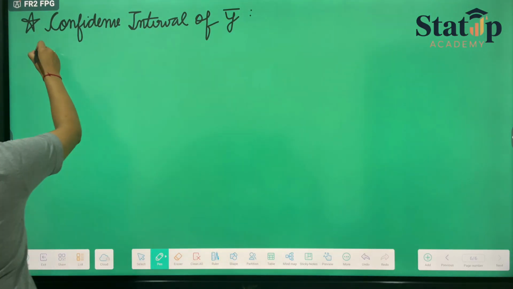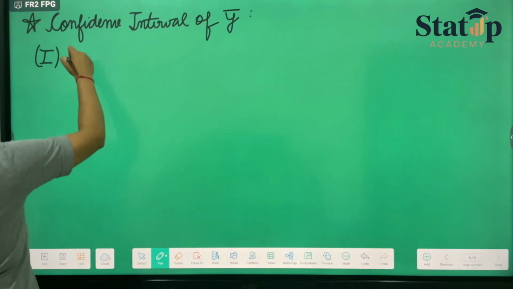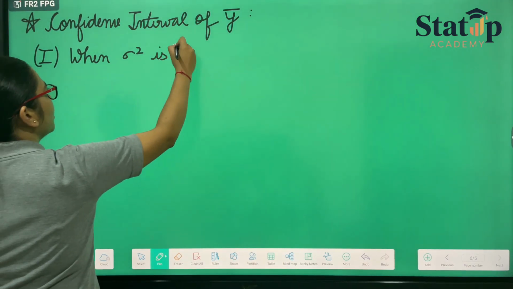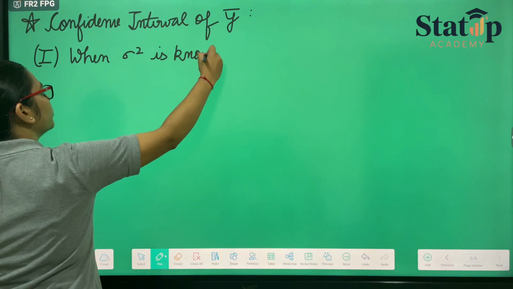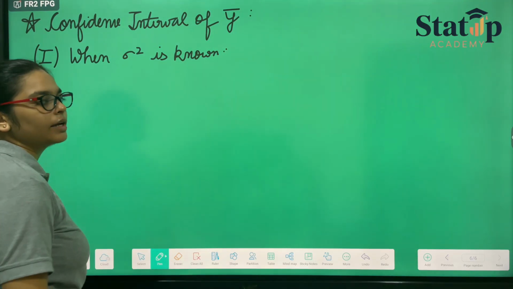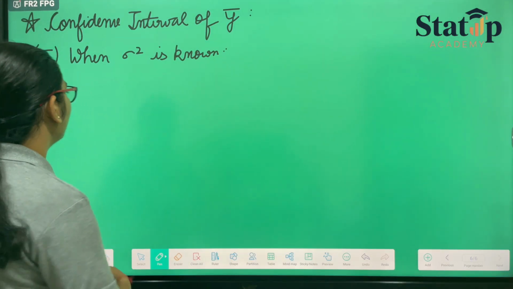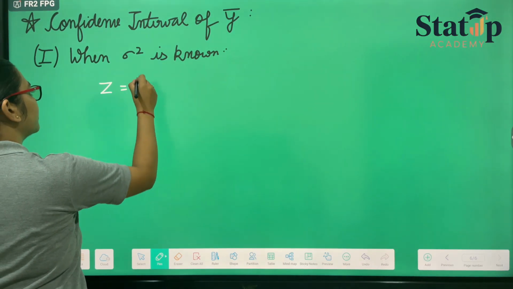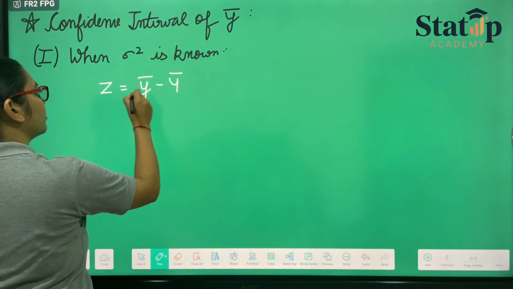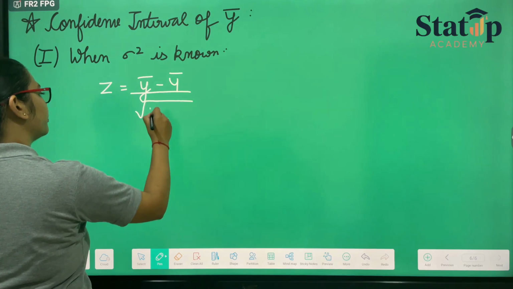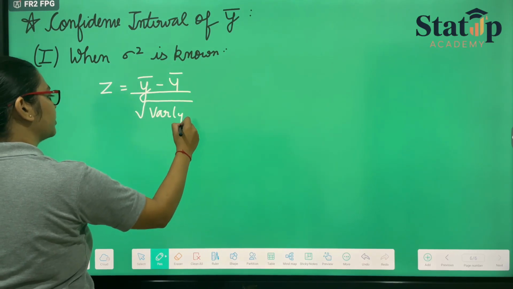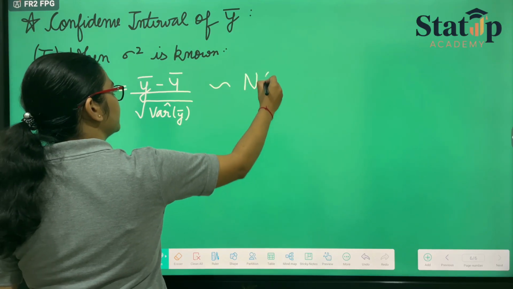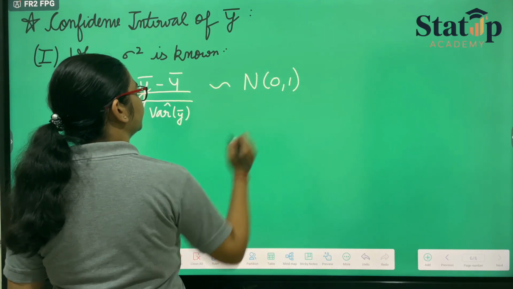First of all, in case 1, we assume that sigma square is known. If sigma square is known, then only one value is unknown, so we will take the z test. So we can write z is equal to y bar minus capital Y bar upon under root of variance of y bar, which follows normal 0, 1.